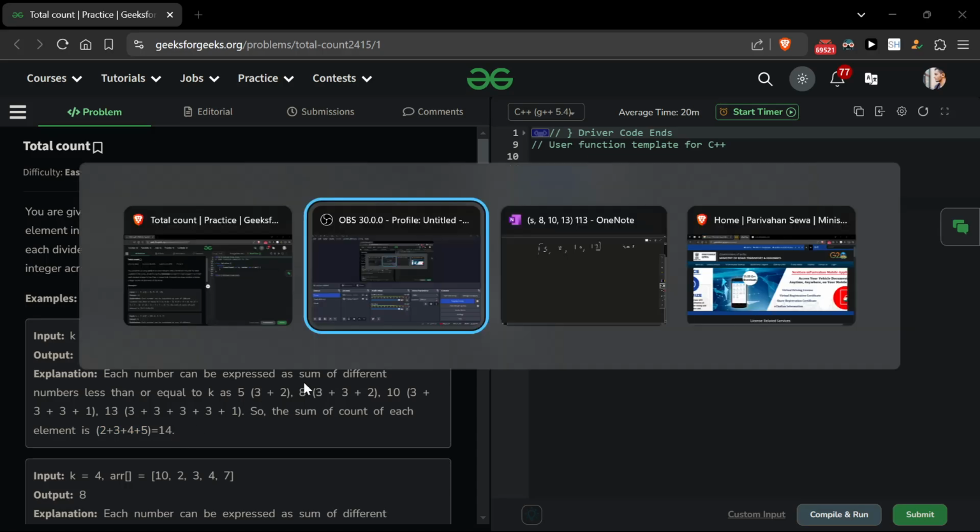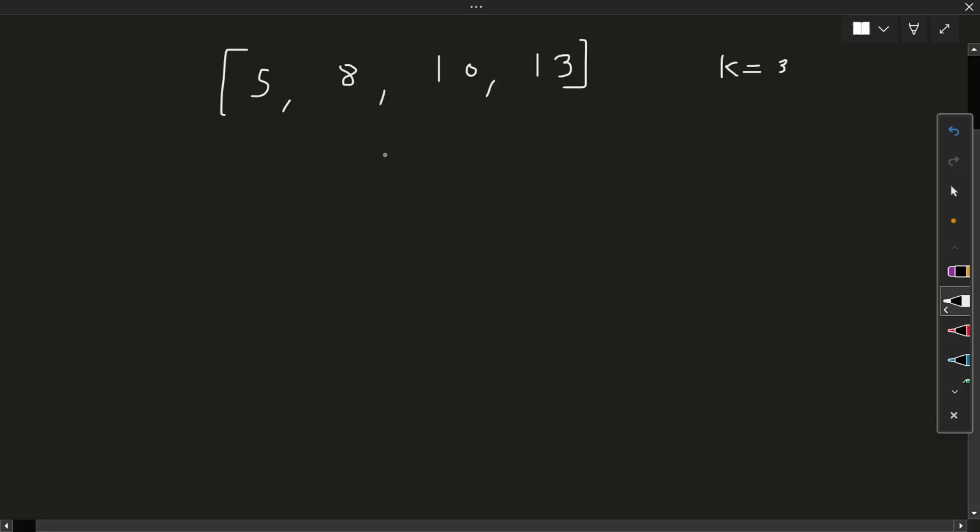Let's build the approach. We have this test case for 3. For 5, if we divide it by our k element, we have 1, because 1 is the quotient, and if we find our remainder it will be 2. So there is one extra number.